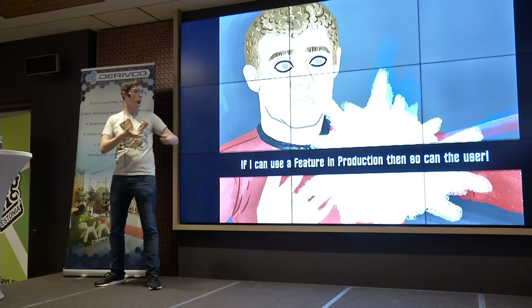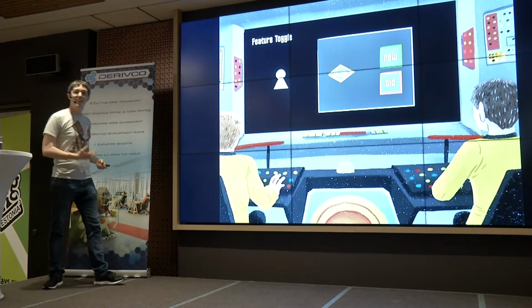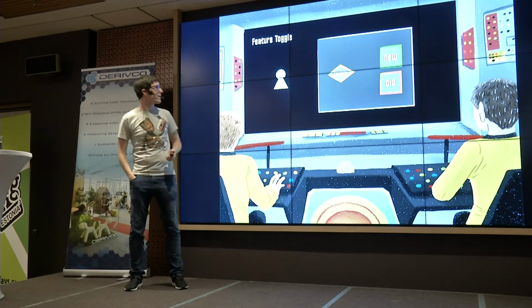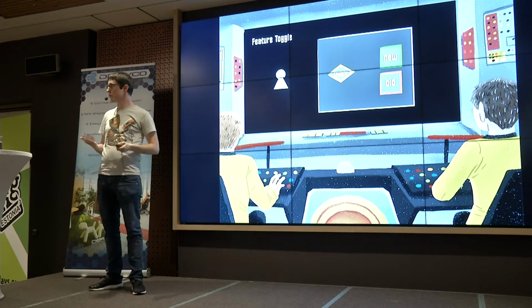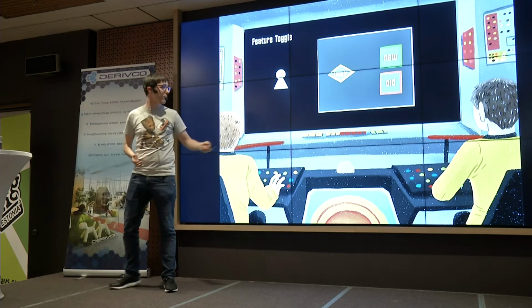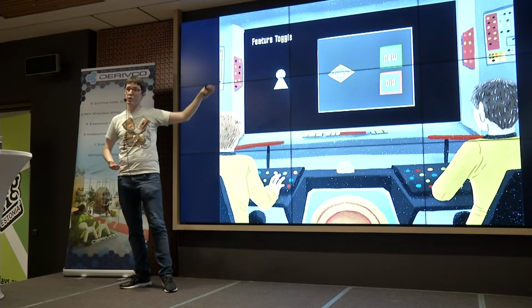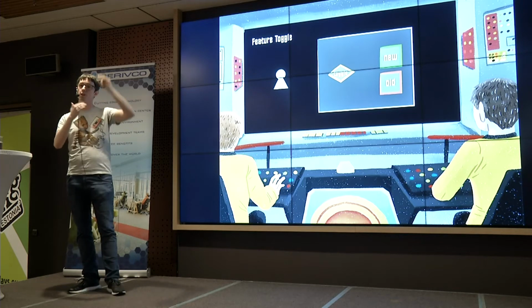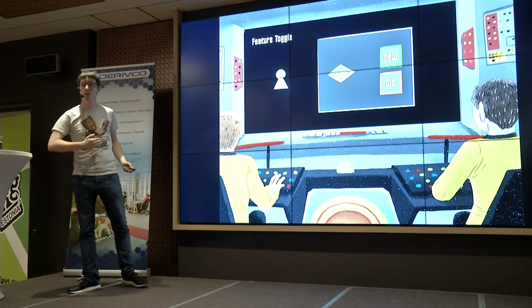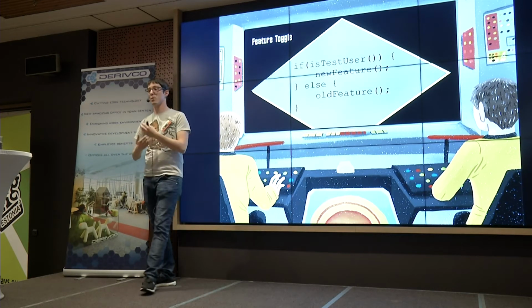So, and here's now where Benny would go, like, yeah, well, there are actually ways you can avoid that. One very popular technique is feature toggling. Feature toggling basically means I have the old version of my feature and I have the new version of my feature, and I put them behind some form of toggle that decides which one is executed in which situation. And I can use that to separate them on some conditions.